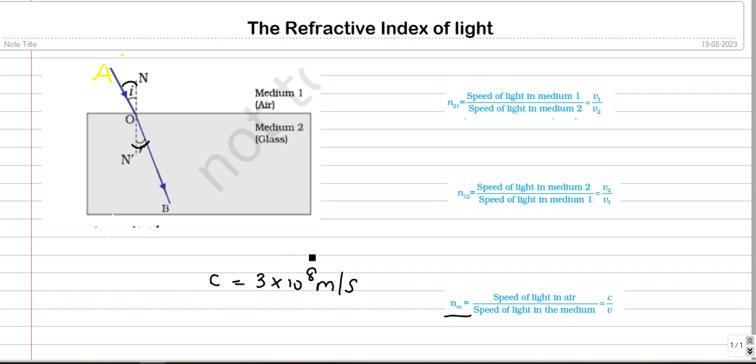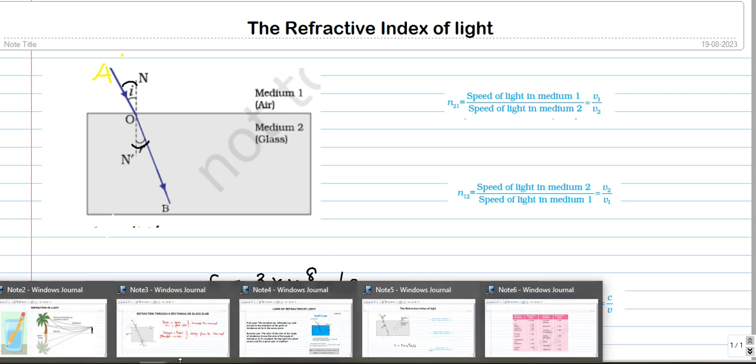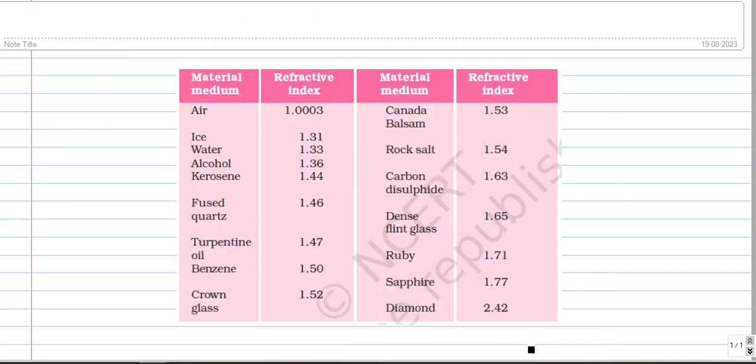So we have a table denoting the refractive index of various media. For air, the refractive index is 1.0003, because in vacuum the speed of light is slightly higher than in air.